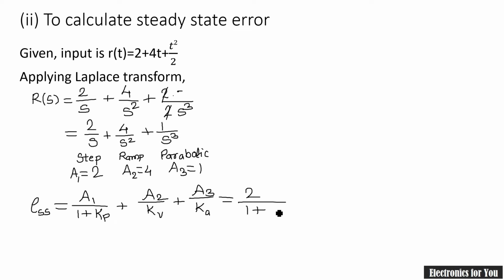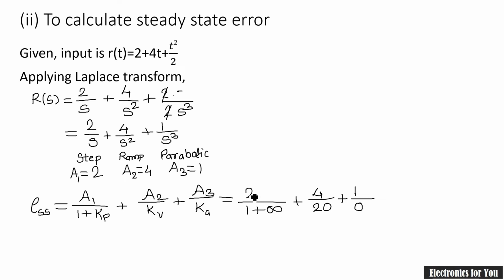Now for Kv, we got a value of 20, so it is 4 upon 20, and for the parabolic term, A3 equals 1 and Ka equals 0.